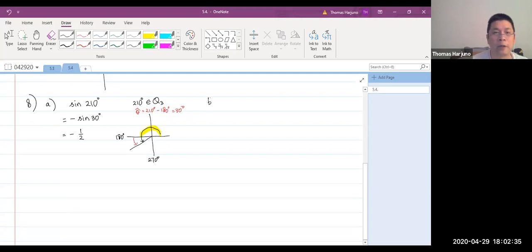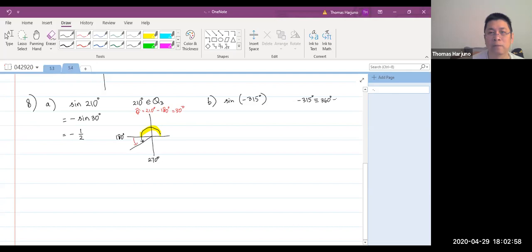How about part B? What is sine negative 315 degrees? I don't know what negative 315 degrees is, but if I want to make it positive, I will add 360 degrees.